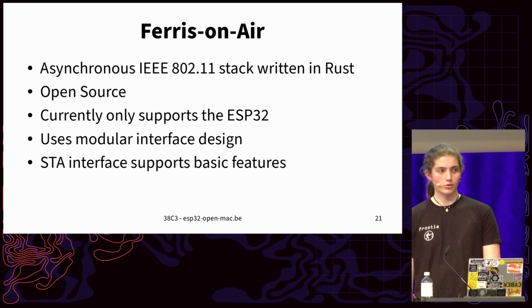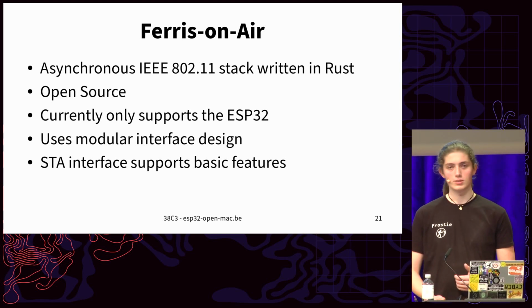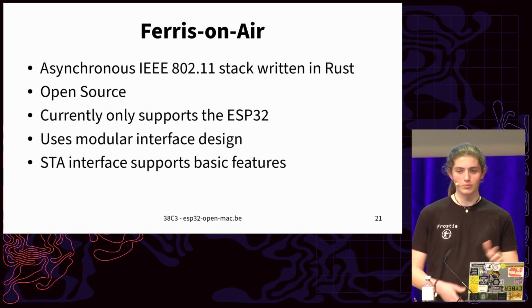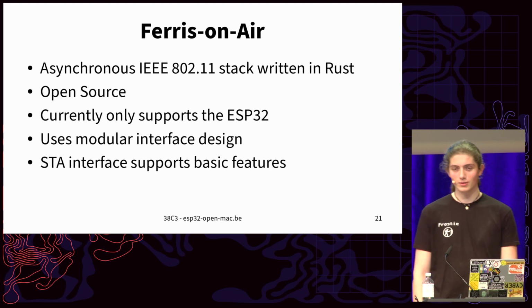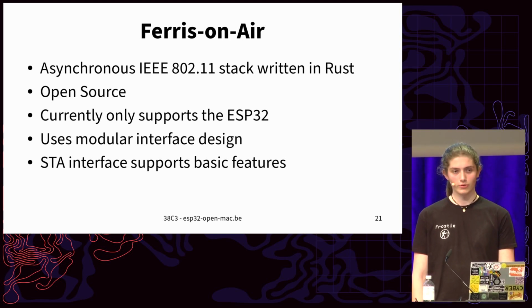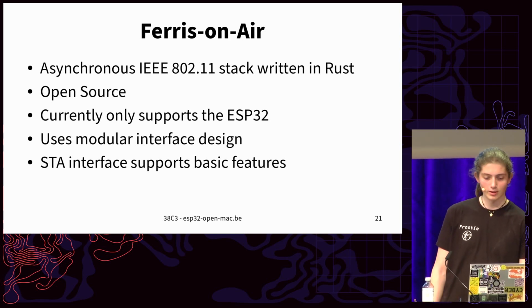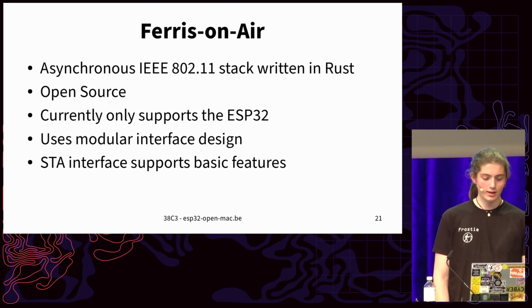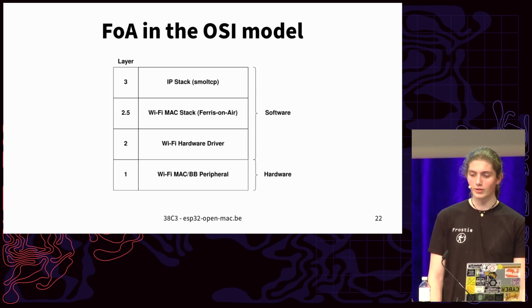And it uses a modular interface design, which allows us to implement the different operating modes like access point, station, mesh, independently from lower parts of the stack. For now, we only have a station interface, but we have more to come. So the ones that we listed in the talk announcement, we know those are possible on the hardware, and we have already started on AWDL, but AWDL is not yet usable directly. And in the OSI model, FOA lives sort of on layer 2.5.